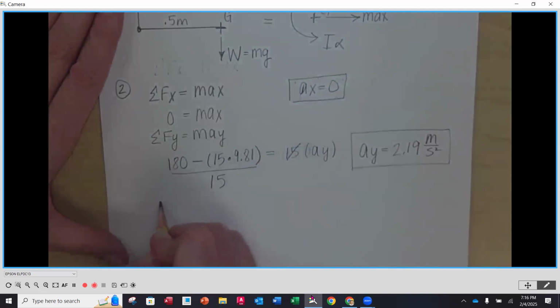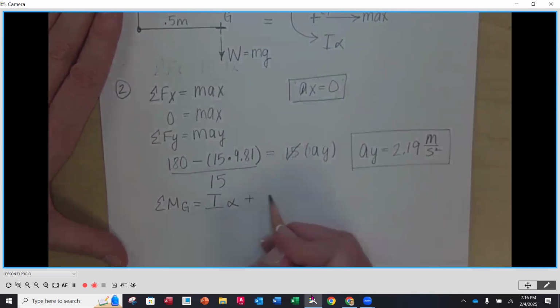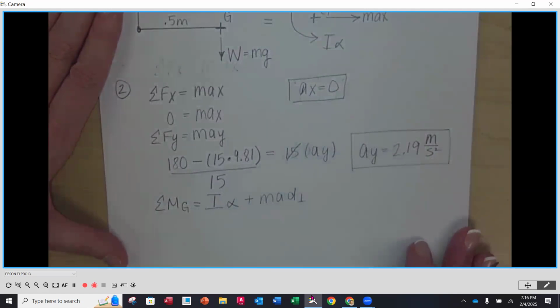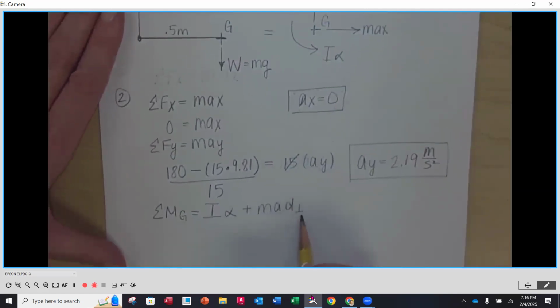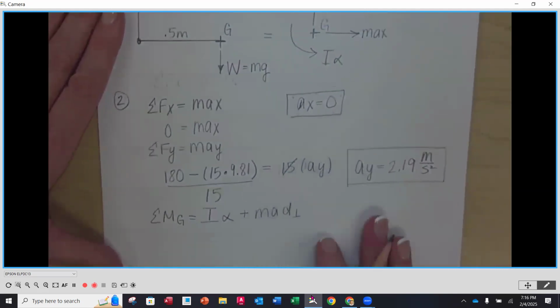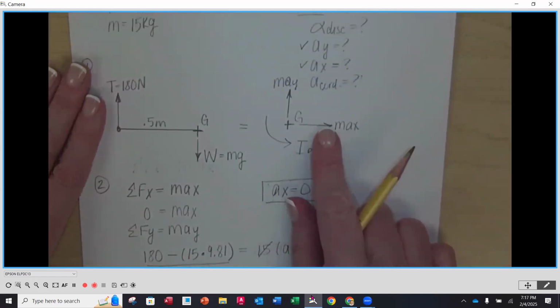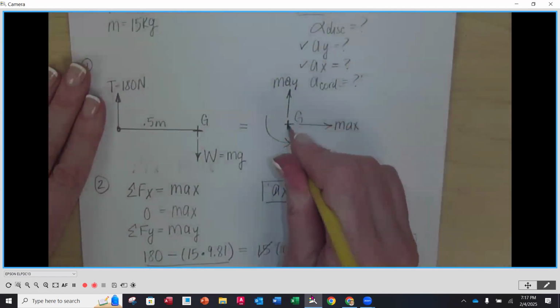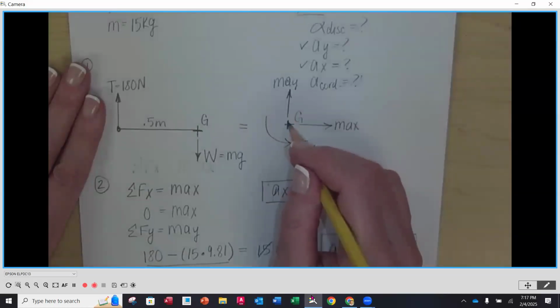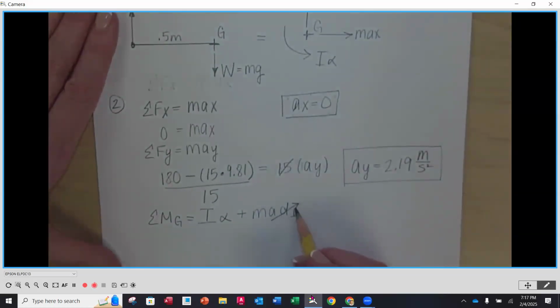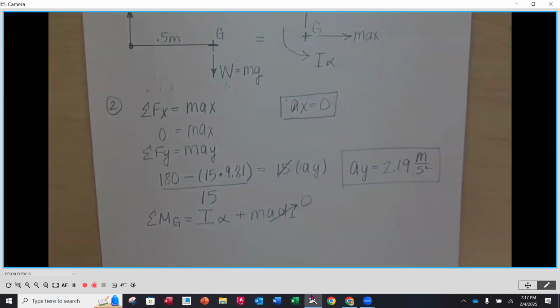So sum of moments around G is going to be equal to I alpha, and you could do a plus m a d perpendicular, but you're going to notice that we don't have offset distances to where the acceleration is occurring, right? So if we sum around G here, our accelerations are going through, there's no perpendicular distance. So that goes to 0. Just if you're wondering why we're not adding that portion in for this.